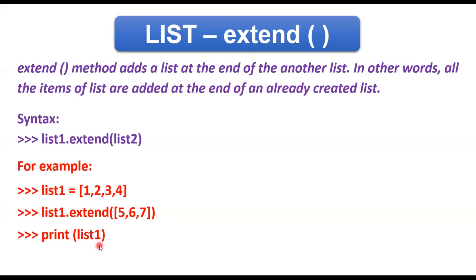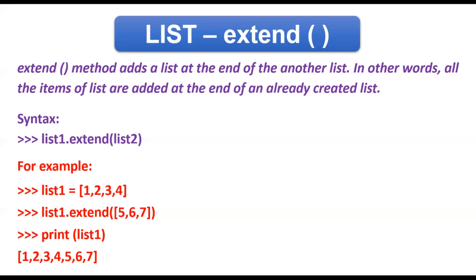Now my print function is going to give me this result: 1 2 3 4. These elements were the part of my list1, and 5 6 7 are the part of my list2, which has been extended in list1. So 5, 6 and 7, these three elements are not added like a list inside list1, but are added as elements. So this is the use of the extend method.